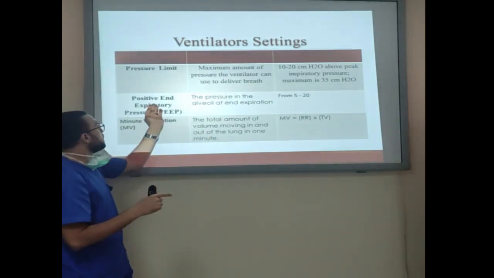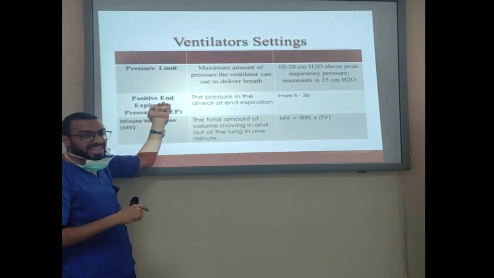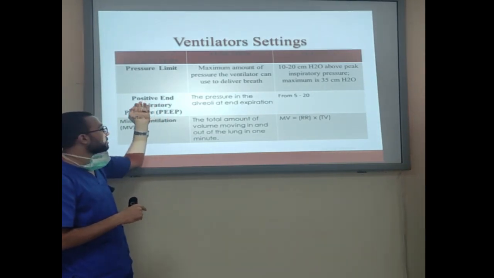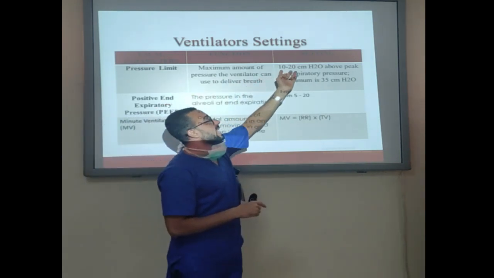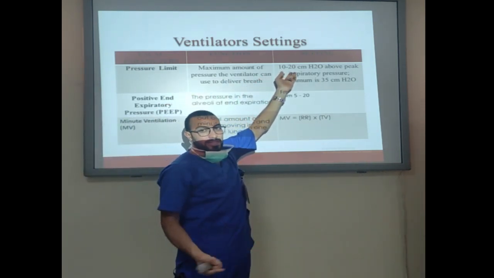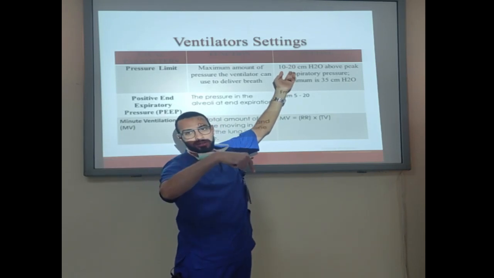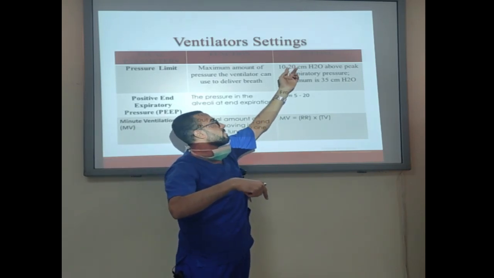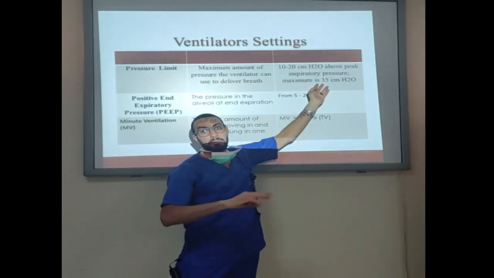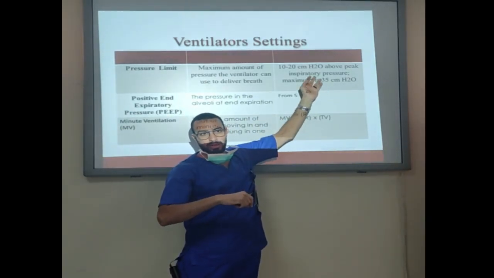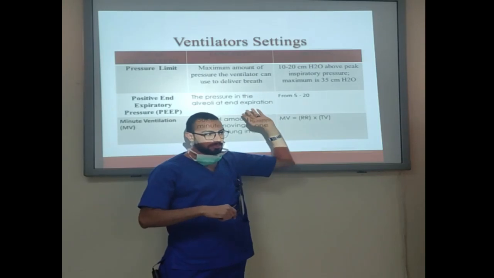This is what's called PEEP, positive end expiratory pressure. So it's the pressure at the end of expiration. And this is what we will add the new pressure of the new inspired breath above. It will give you like 20, and this one will give you at the end a maximum of 35. So now you get the relation between both.